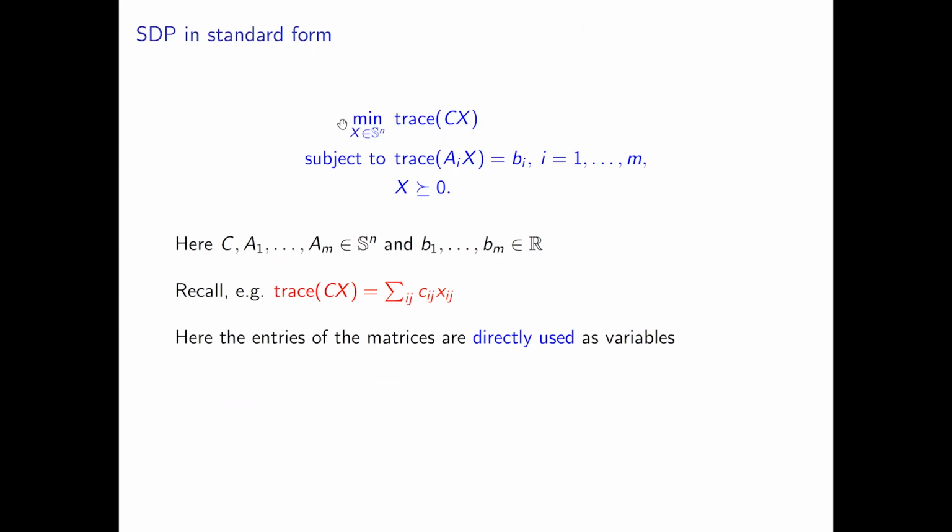We are minimizing a linear combination of those coefficients, which is basically a trace. So we are taking a trace of C times x. So C defines the coefficients, because remember that the trace of Cx is the sum of Cij xij. So we're trying to minimize this linear combination, subject to certain trace equalities and a positive semi-definiteness condition on our variables. So this is called the standard form.